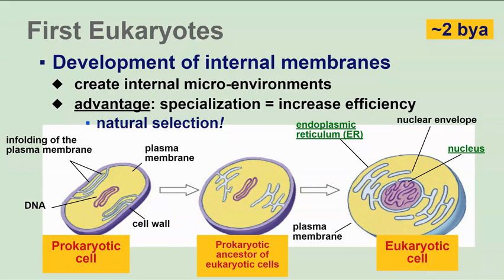So it helped some chemical reactions happen closer to each other, or helped the cell separate some chemical reactions that are maybe harmful to the cell, lots of things like that.